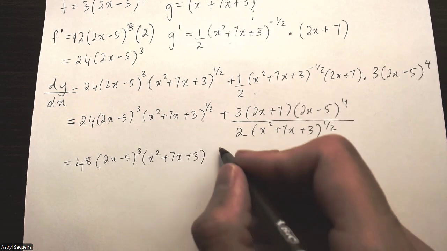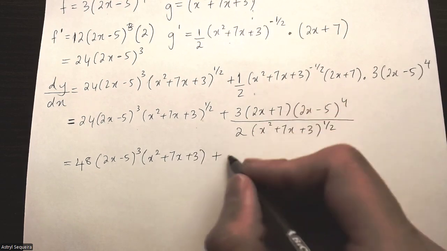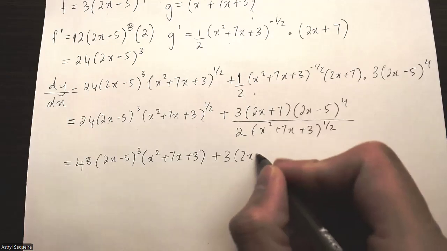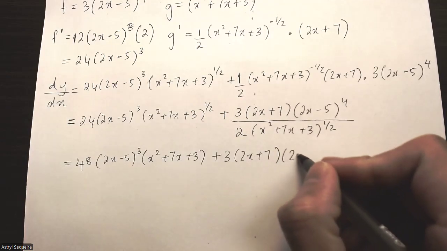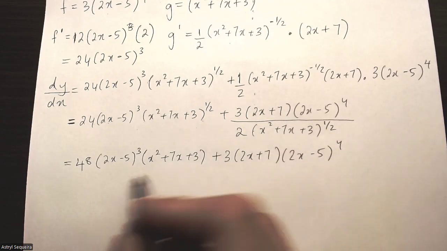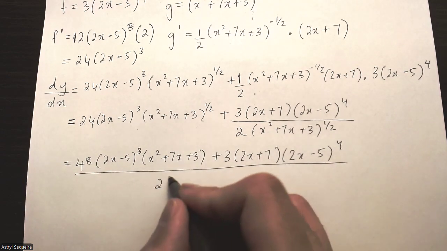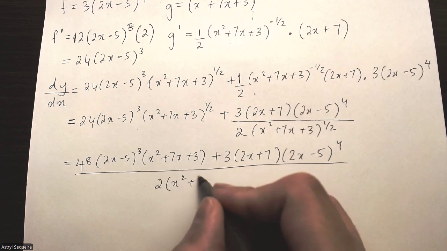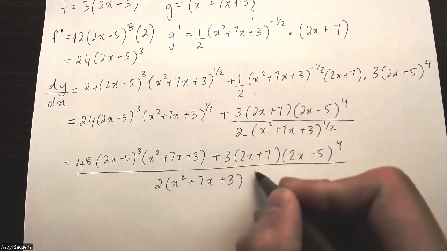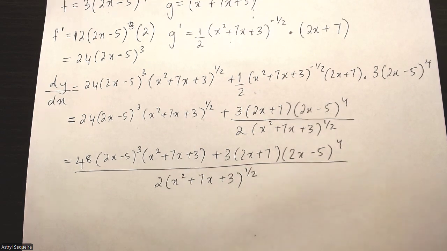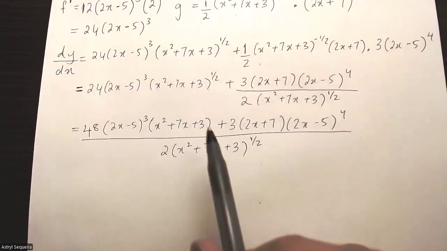If it's a 1, I don't need to write it there. This stays unchanged over here. And now I have a common denominator of 2 times x squared plus 7x plus 3 to the power of half.